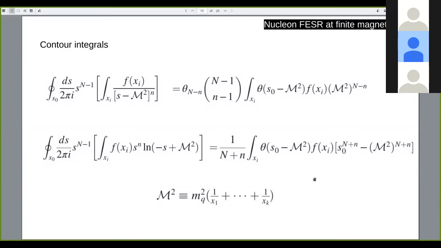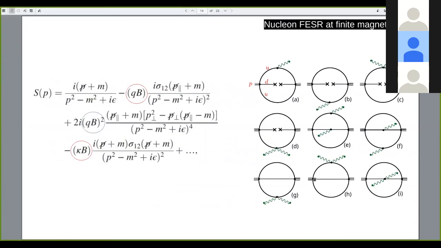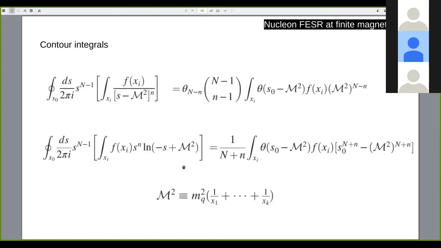So the magnetic field also truncates the OPE series. That's why we know how many terms we need in the expansion of the magnetic dependent propagator, and how many diagrams we need, in fact. So this is an exact truncation, not an approximation.